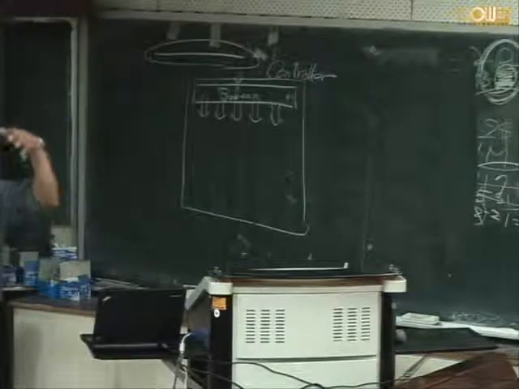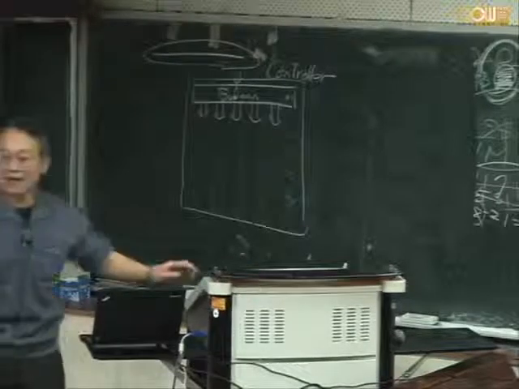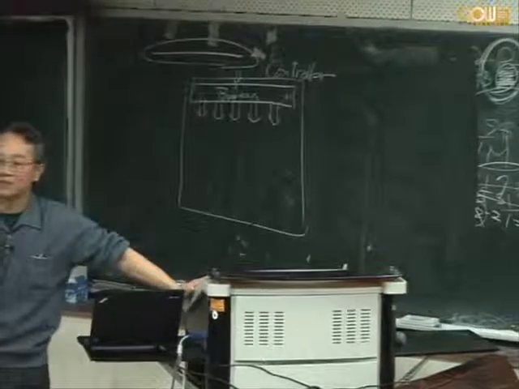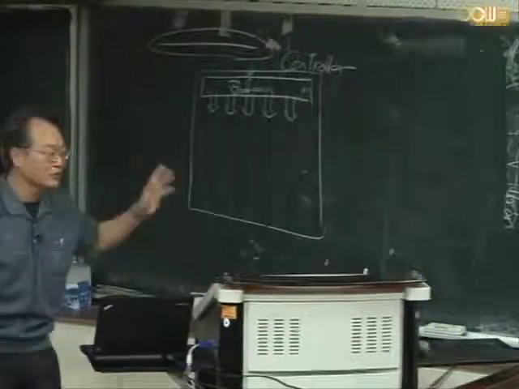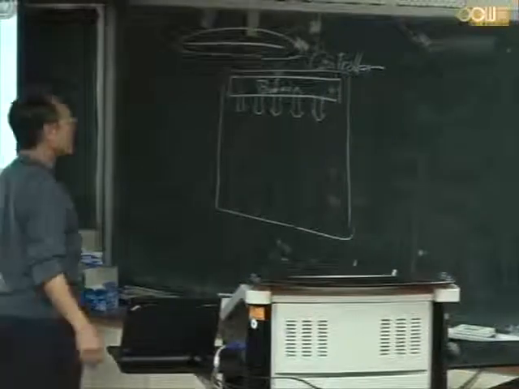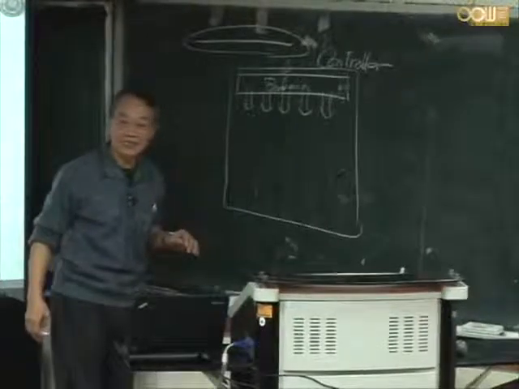From 32 bits, I generate about 100. In a typical design like Pentium, maybe that number goes up to 200, 300. But anyway, let's use 100 for example. I generate so many bits.